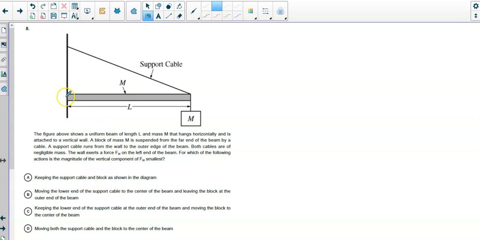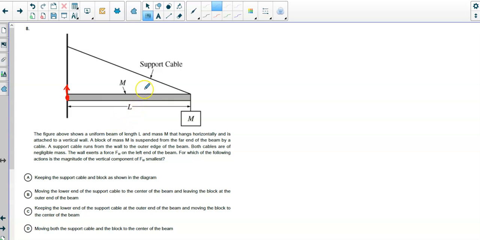Alright. So we want to minimize the vertical component of this. And it's attached to the wall, not just leaning against it, so it's got some sort of attachment, so that's why it can produce a vertical force here.